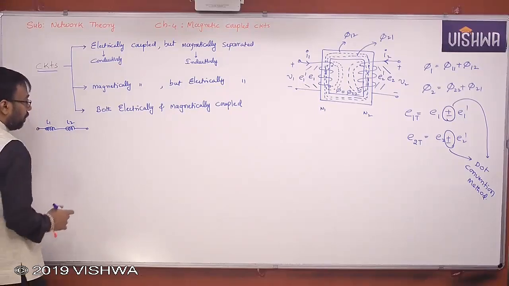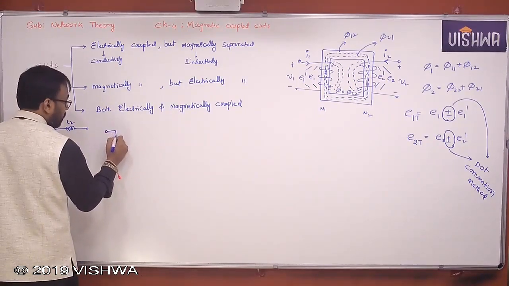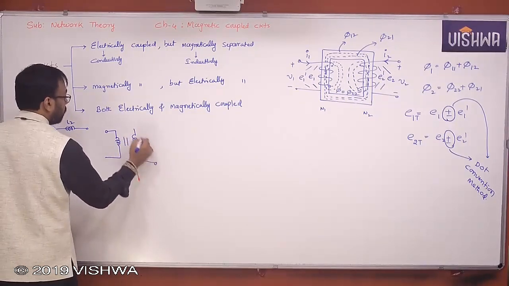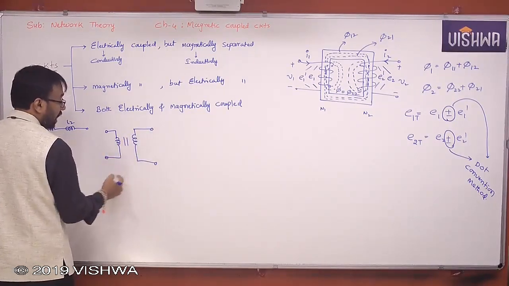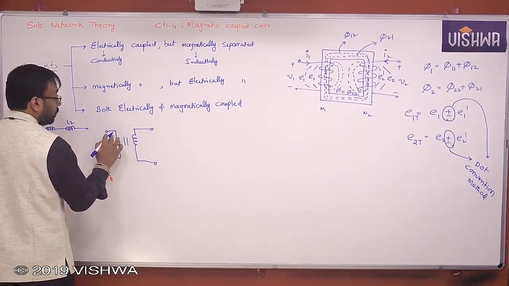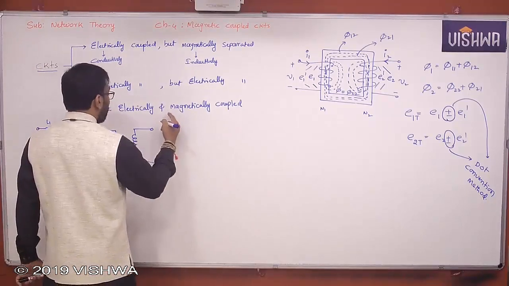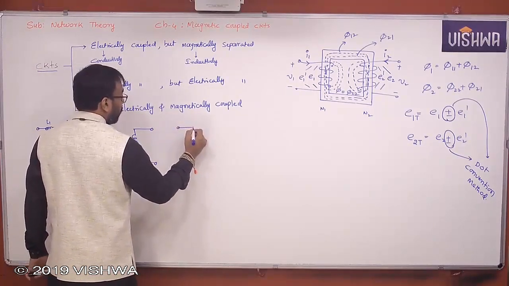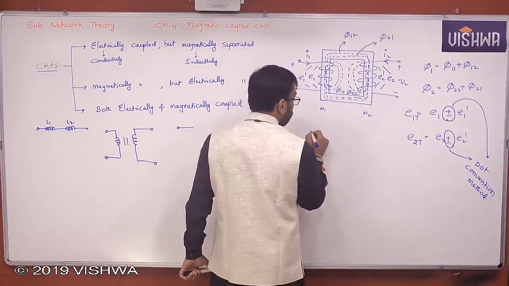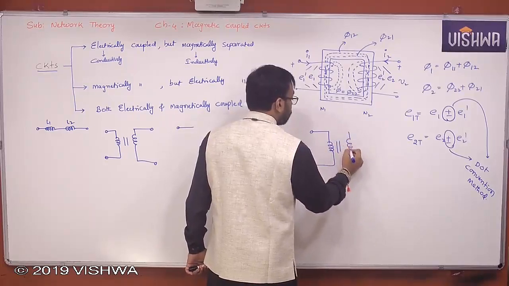Understand? But the second category is, see, there is no physical contact between the two coils, but these two are magnetically coupled. There is a common flux sharing. Understand? Now generally the representation of this one will be like this.